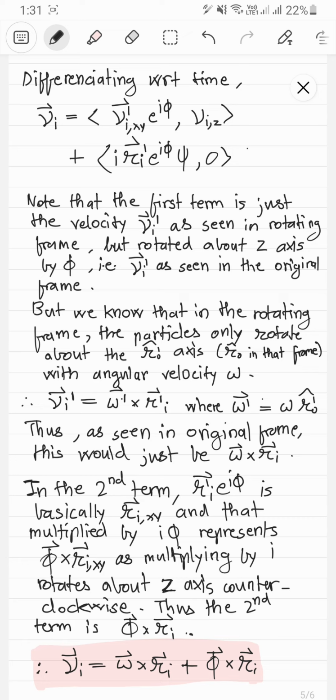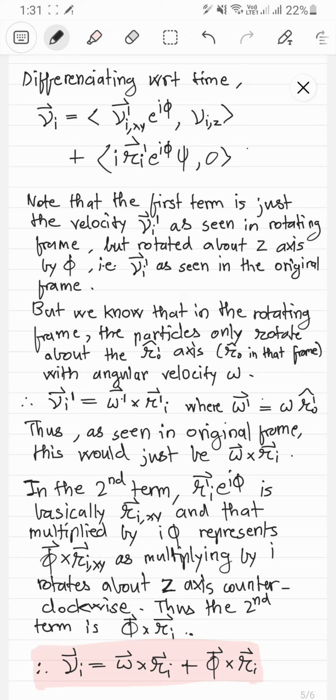But now that there is an e power i phi, you're just rotating this anti-clockwise by phi about the z-axis. That is basically your original vector, if it was viewed from your original frame. So this vector vi dash xy comma viz, in the rotating frame, if that was viewed from the original frame, it would appear like this.